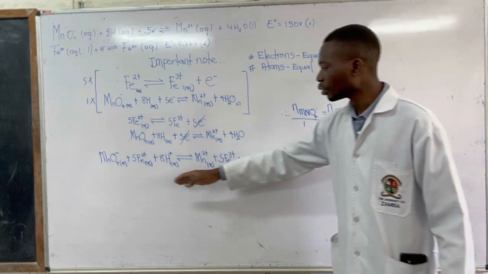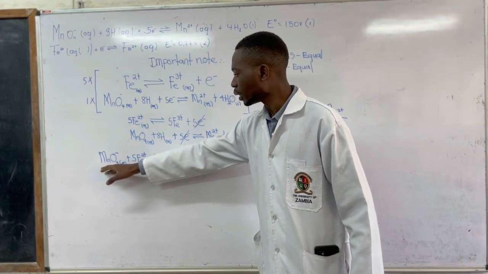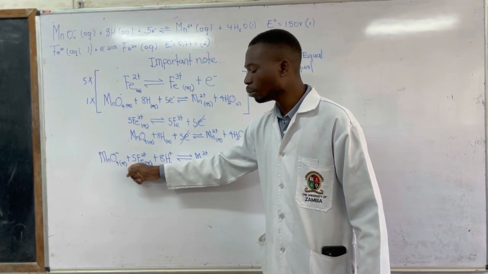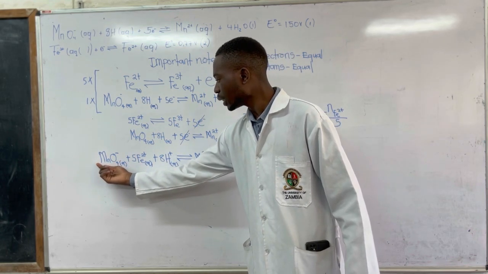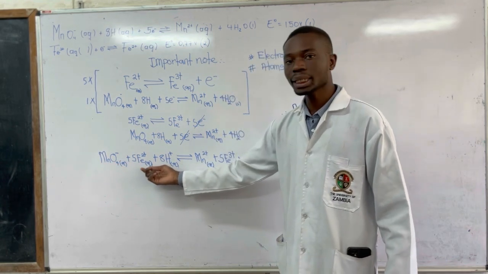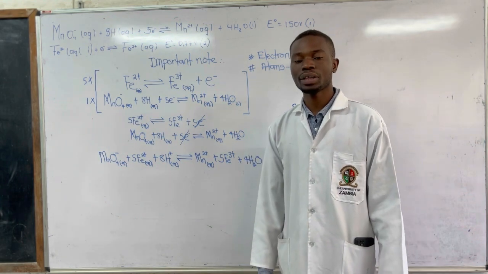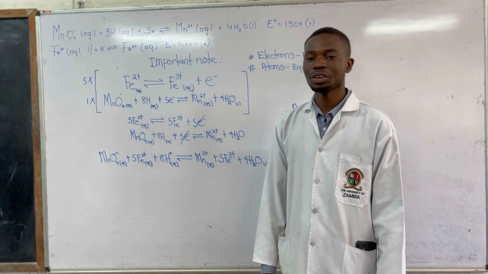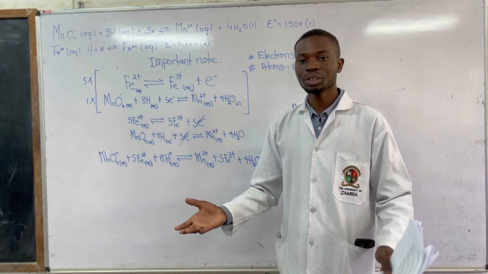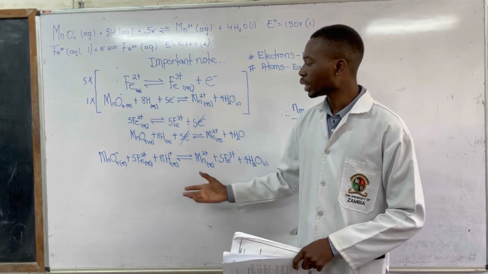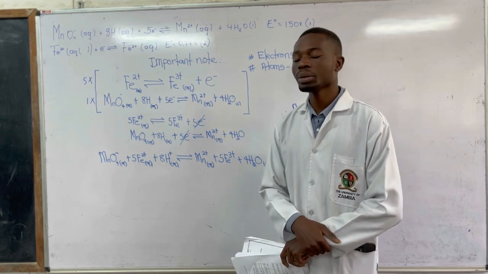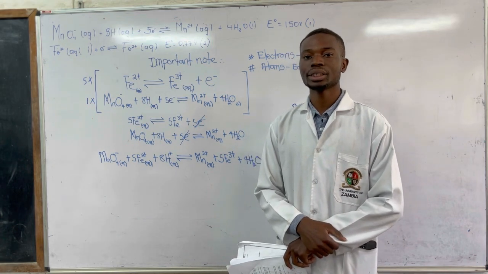When you get back to this equation, there's a mole ratio of 1 and a mole ratio of 5, meaning that 1 mole of the permanganate is reacting with 5 moles of the iron(II) ions. So basically, we're trying to come up with different figures to see how we can derive the formula of the iron hydrate solution.